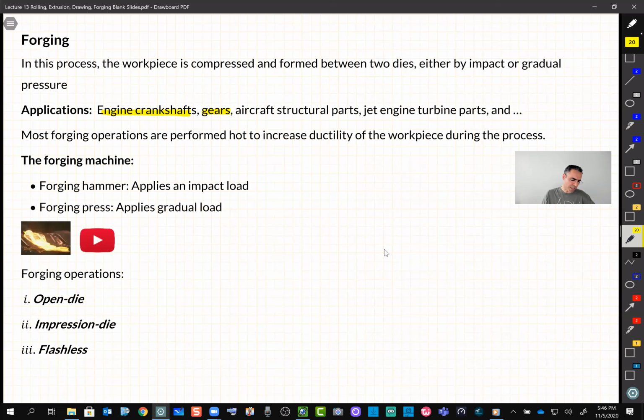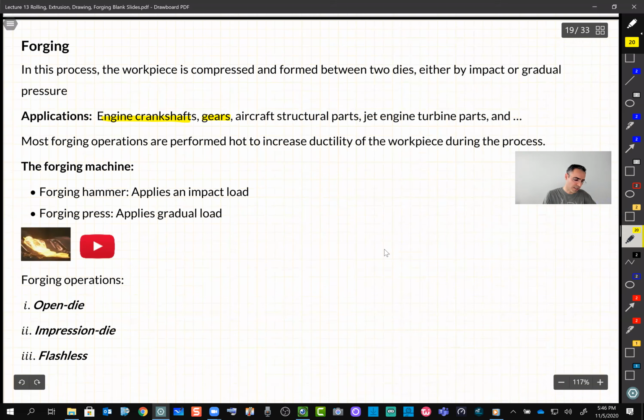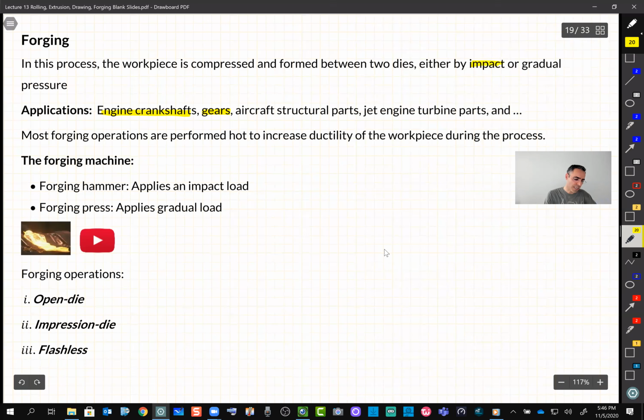And other example, like in structural parts or in jet engine turbines, maybe there are some parts that we need high strength, and forging is something that will go. So forging, we will do either by hammering, like impact, or gradual force.